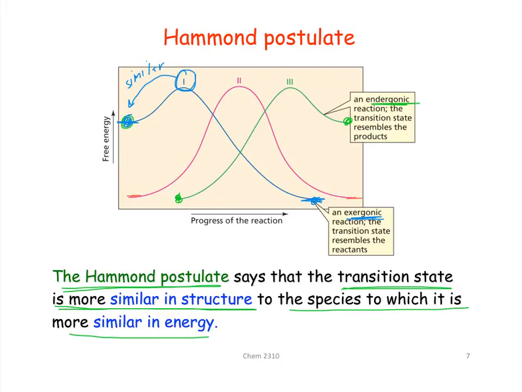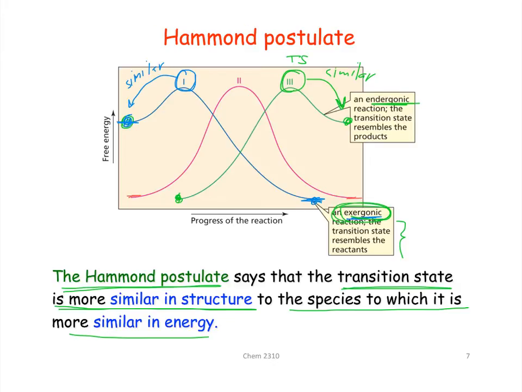If we look at the reaction in green, here's the transition state, and it's going to be more similar in structure to the product because the product is closer to it in energy.